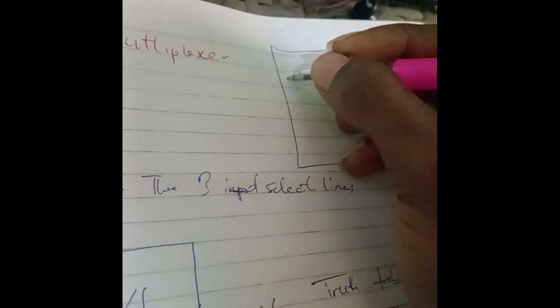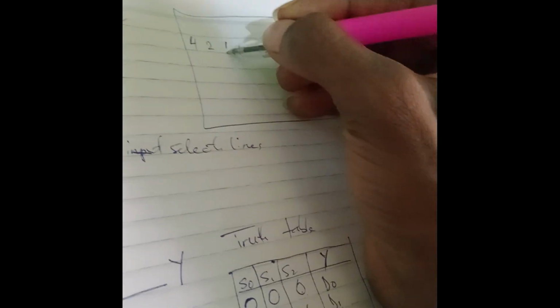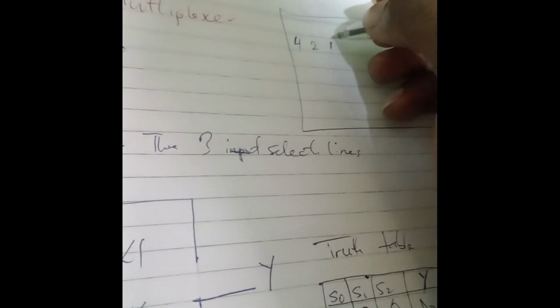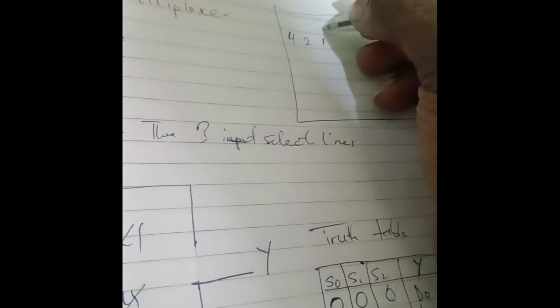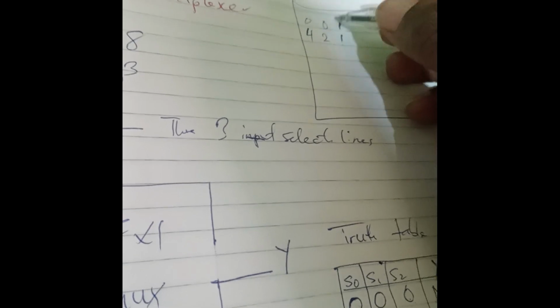So I have one here, two here, three, and four here. With this four here, how will I get the one? This is one when you are converting the binary number to base 10. So I have one here, and this is 0 0 because I want only 0. So I'll put my one here.